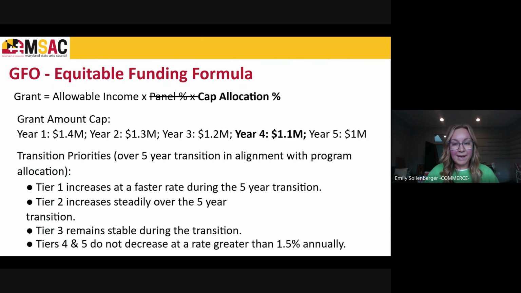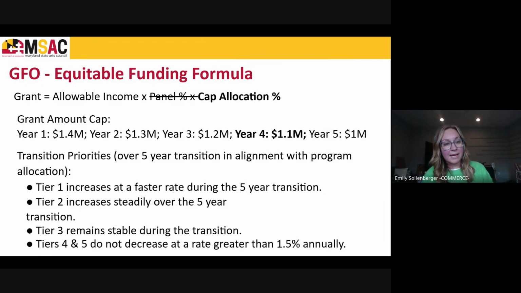We're also looking at these transition priorities of moving everybody from the same cap allocation to splitting among those 5 tiers. As we move through this over a 5-year transition point, we also are keeping in mind that our Tier 1 organizations, our smallish organizations, we're increasing their cap allocation percentage at a faster rate over 5 years.